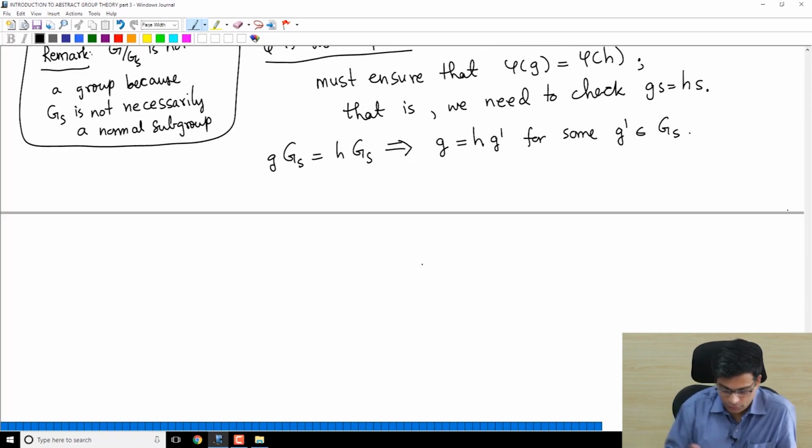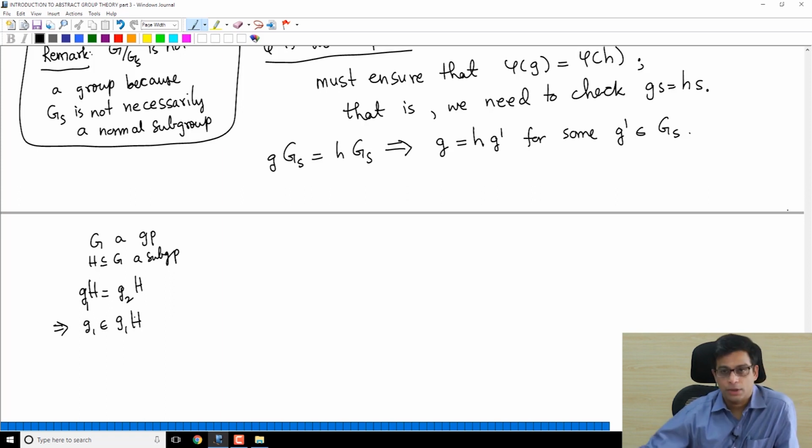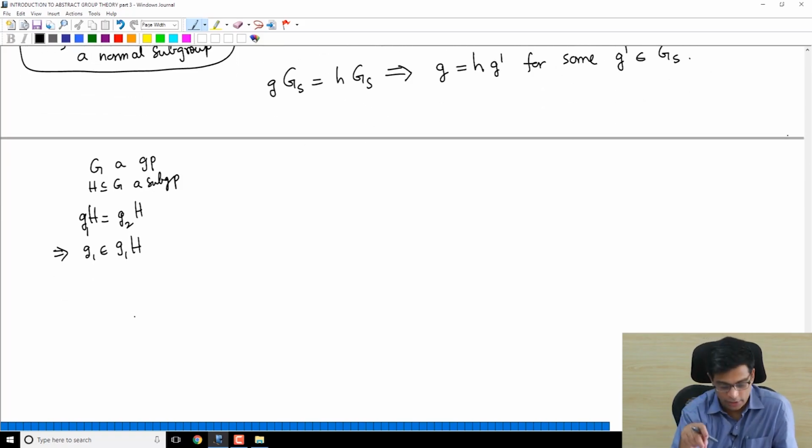So in general, if you have a group G and H a subgroup, and g1H equals g2H, then remember g1 belongs to g1H, because g1H is the set of g1 times every element of capital H. In particular, g1 times identity will be one of the elements of g1H.